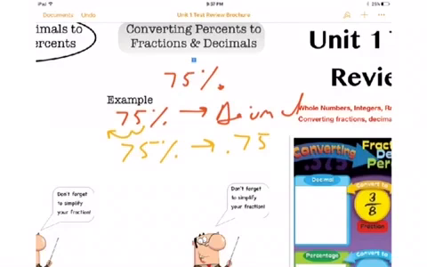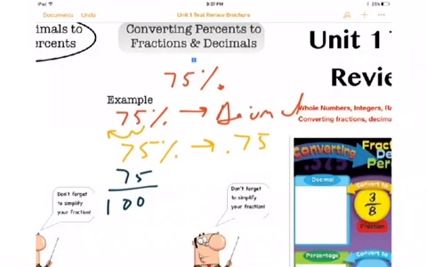Now from there, can we turn this into a fraction? Well, first we turn it into the decimal, 75 hundredths. Like we've done before, we can take away the decimal and put the 75 over 100. Right there we've turned it into a fraction.